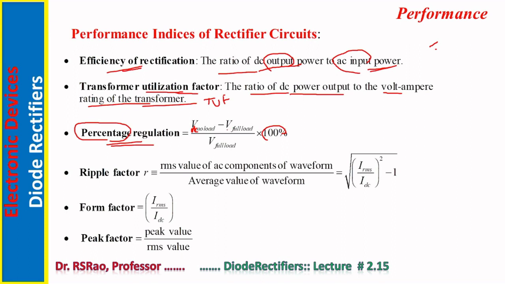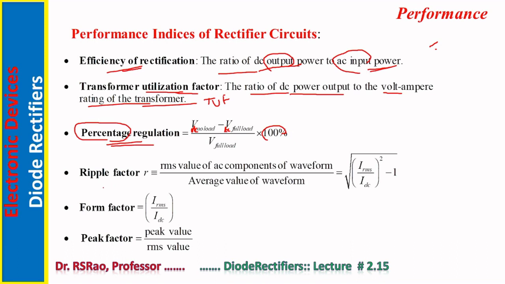V full load refers to V DC full load. No load or full load voltages pertain to DC voltages at the output terminals. One more point is regulation can be up, regulation can be down. Here the regulation is down regulation.